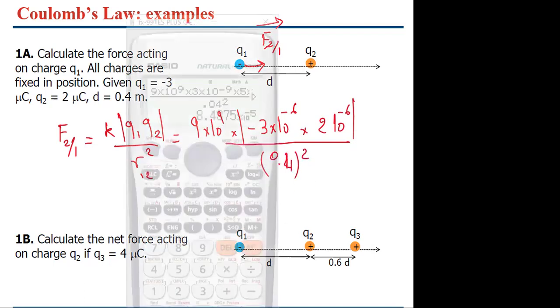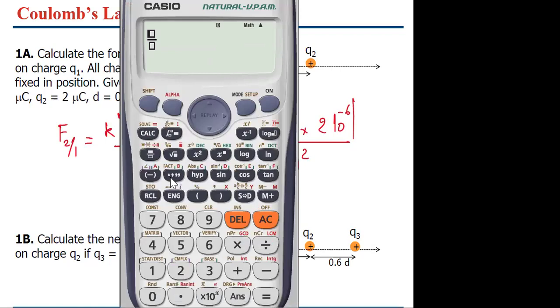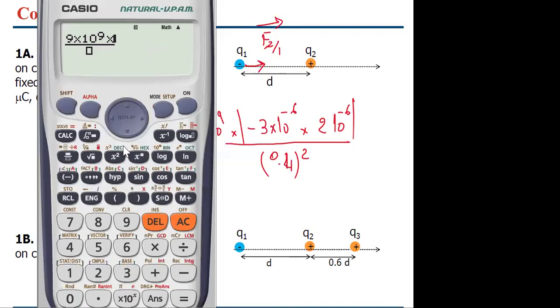Let's do the calculation. So it's 9 times 10 power 9 for K, multiplied by 3, because we take the absolute value, times 10 power negative 6, because we are talking about microcoulomb, multiplied by 2 times 10 power negative 6 also, divided by 0.4 squared.